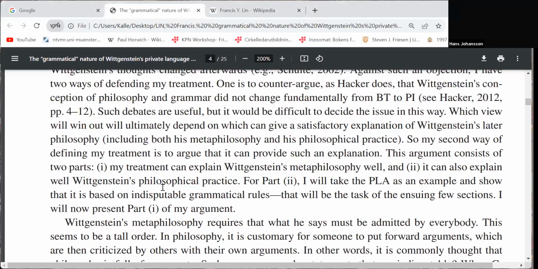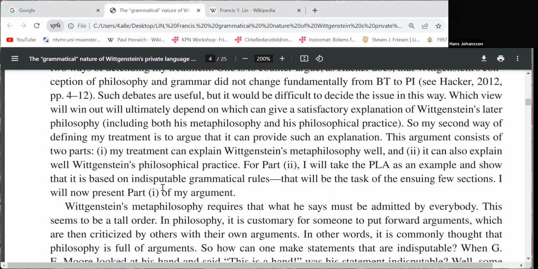Which view will win out will ultimately depend on which can give a satisfactory explanation of Wittgenstein's later philosophy.